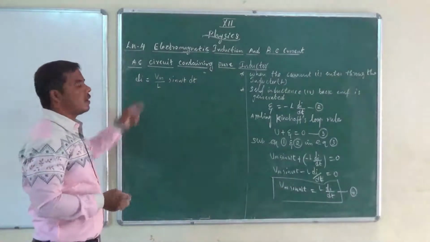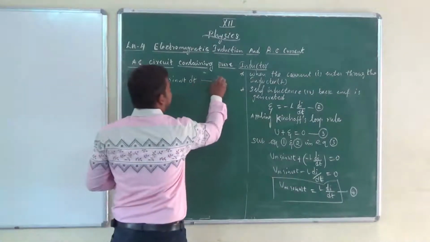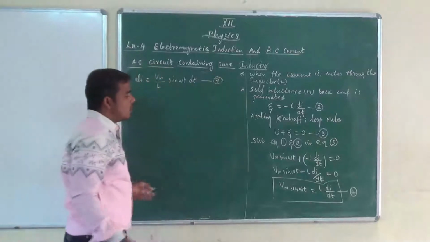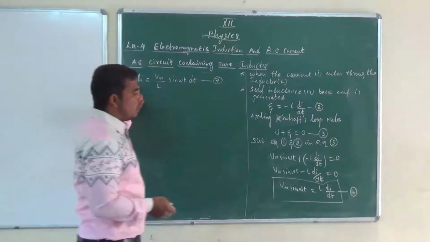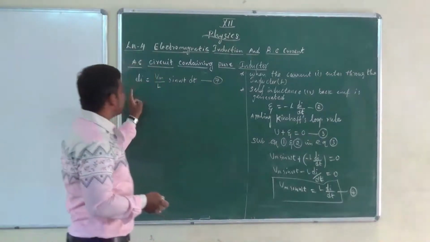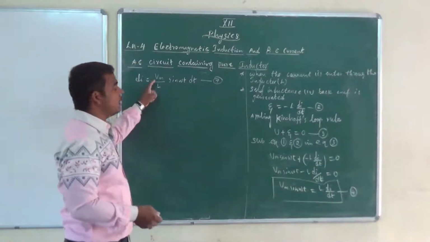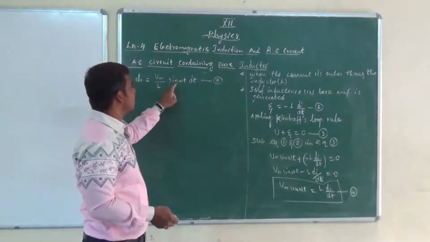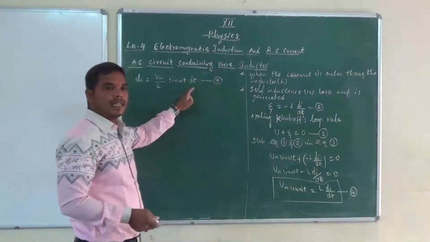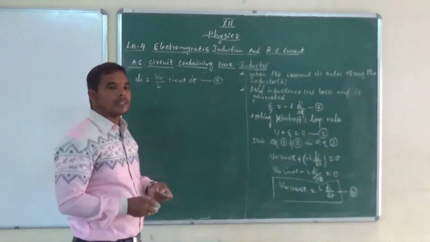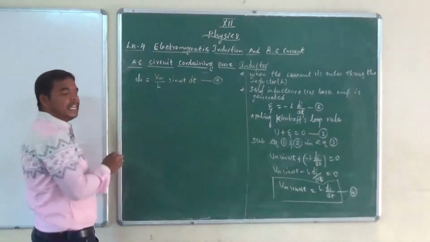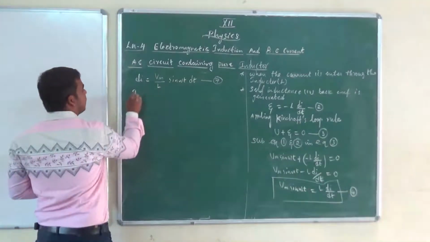Any confusion for this equation? I want di, so I keep di on one side and move the rest. So I am getting Vm divided by L, sin omega t into dt. Now I want to integrate this equation on both sides.